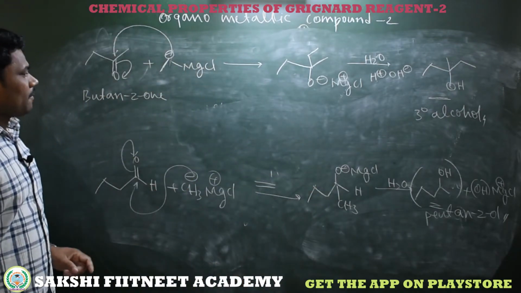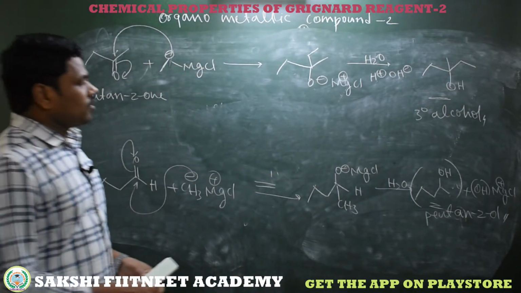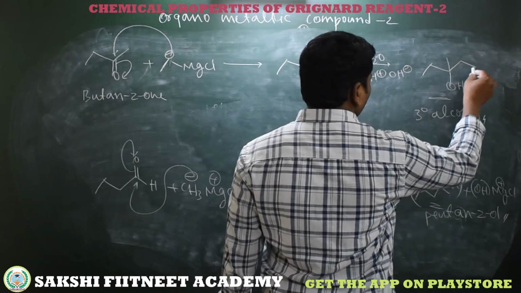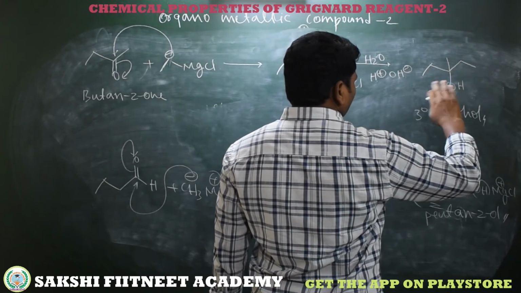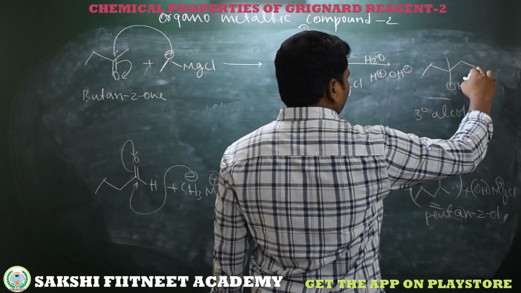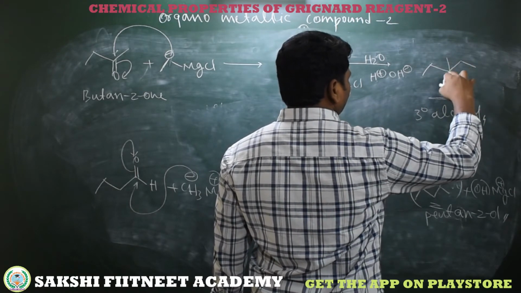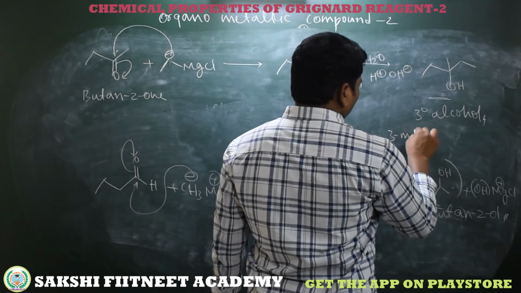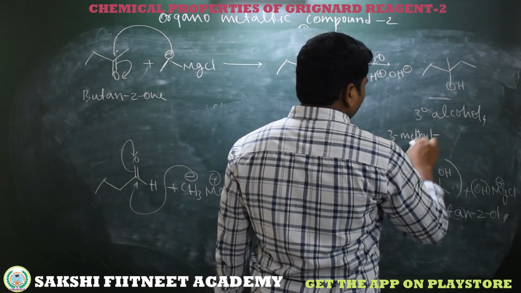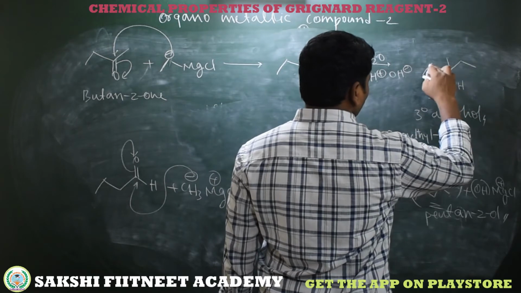So we prepared a tertiary alcohol. What is the name of this tertiary alcohol? See here 1, 2, 3, 4, 5. So first we should give numbering. This is the parent chain, 1, 2. At the third position we have an OH and a methyl group. So simple here, 3-methyl, total 1, 2, 3, 4, 5.